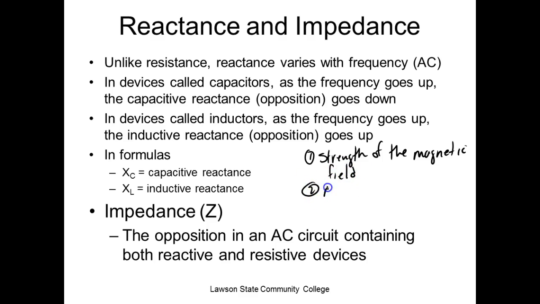The number of conductor loops. Yeah, and the speed of the motion. This is D. And we call it relative motion, which means you can either move the wire through the field or move the field through the wire.